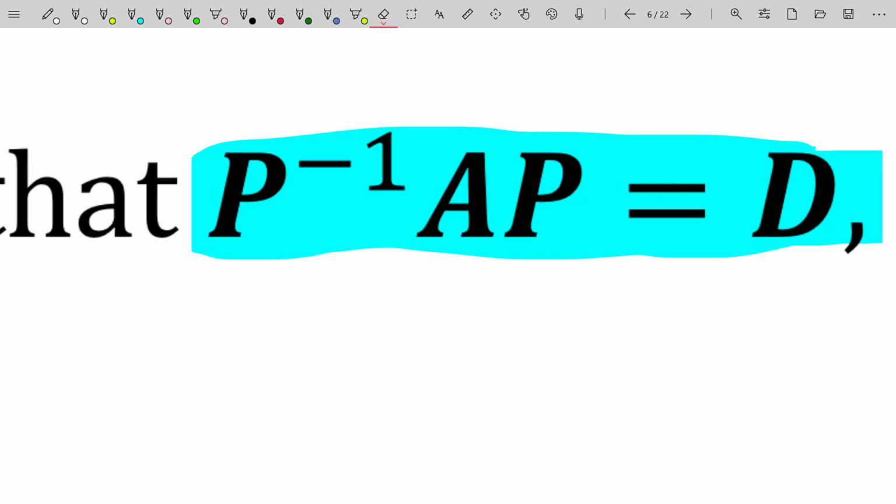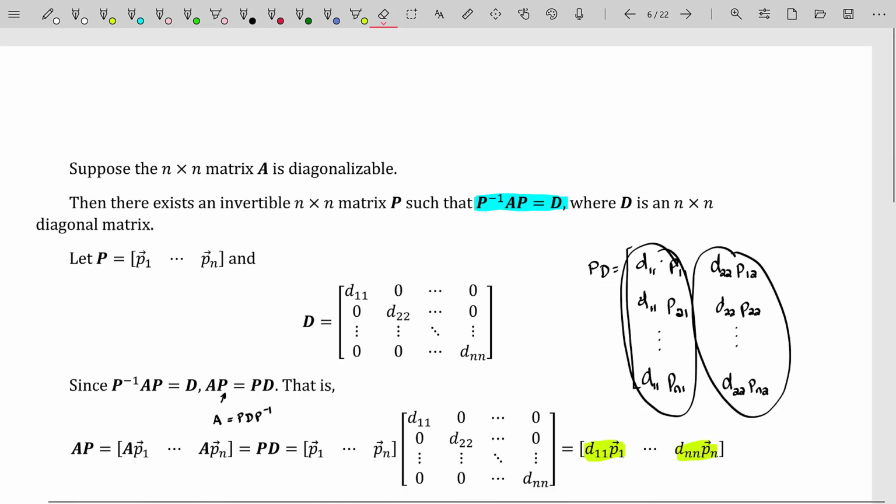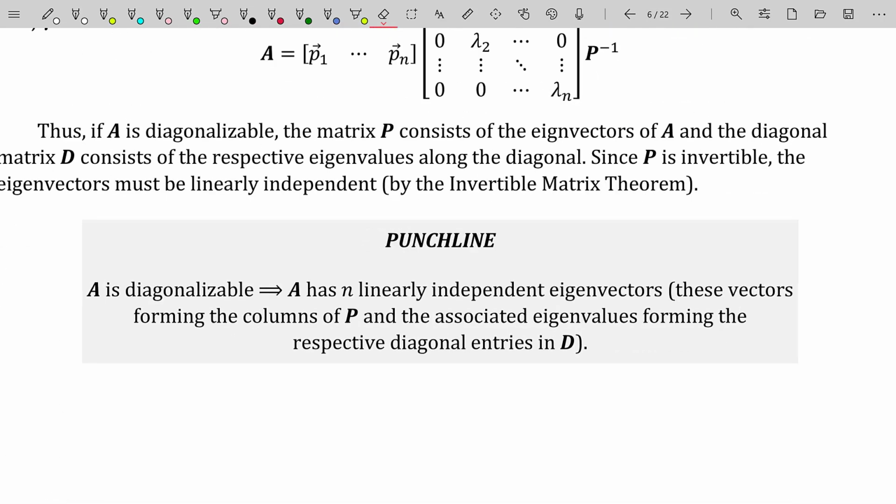How many? This is an n by n matrix, so we have n linearly independent eigenvectors for A if it's diagonalizable. That's the punchline: A is diagonalizable implies that A has n linearly independent eigenvectors, these vectors forming the columns of P and the associated eigenvalues forming the respective diagonal entries in D.